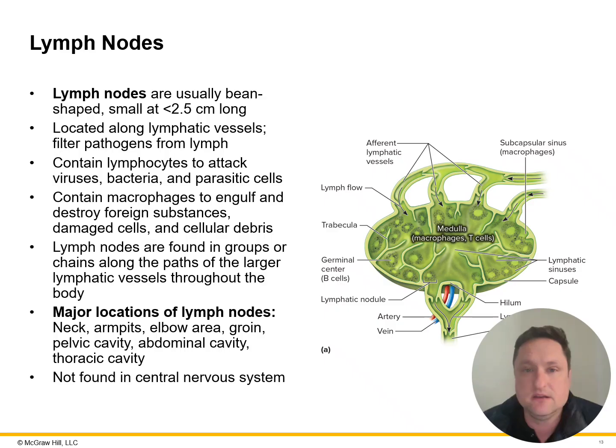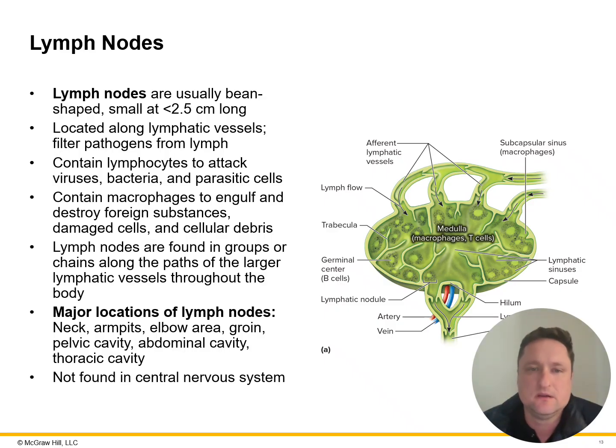They are common in the neck, elbow, and groin, and within the pelvic, abdominal, and thoracic cavities. But they are not in the central nervous system, so you will not find these in the brain, you will not find these in the spine.